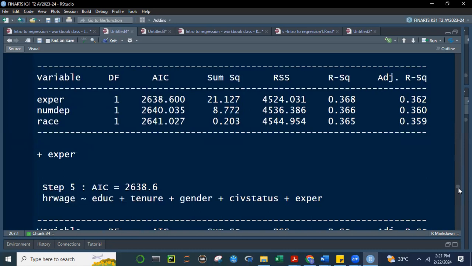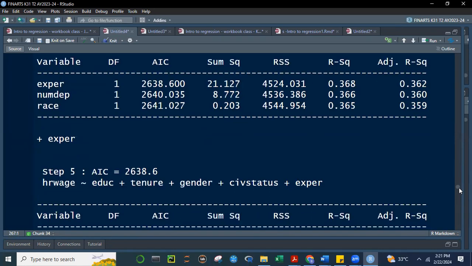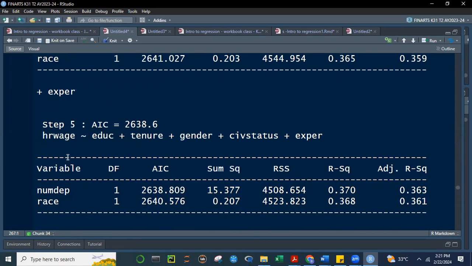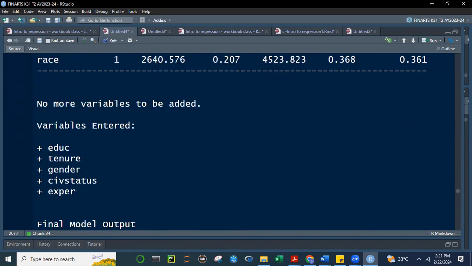So, may difference yung AIC method at saka yung p-value method. Alright, so ito, step 5, 2638.6. Okay, pag pinasok mo pa si number of dependents, tataas ang AIC. So, stop na tayo dito. So, ang model natin: education, tenure, gender, civil status, experience. So, that will be our model using forward regression.